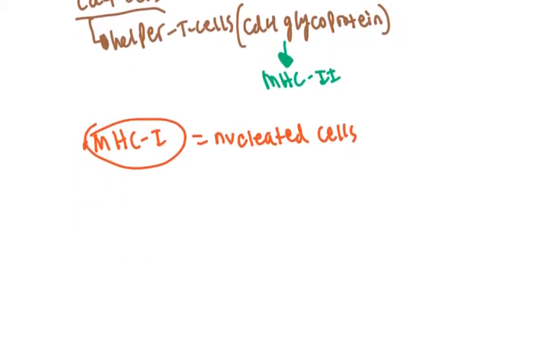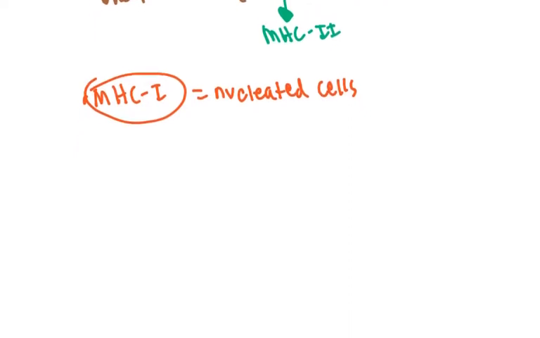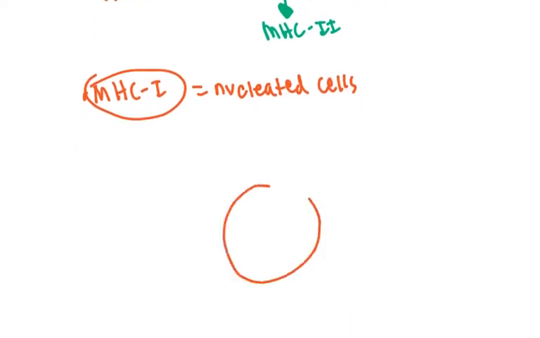Let's say we have a regular body cell with an MHC-1 complex on it. Let's draw the zoomed in version, with its alpha 1, 2, 3 complex and its beta 2 complex.